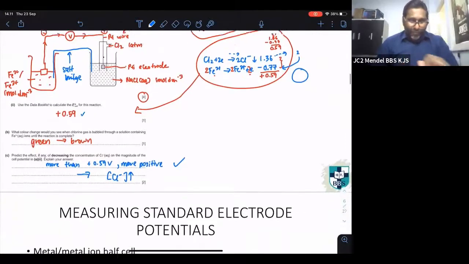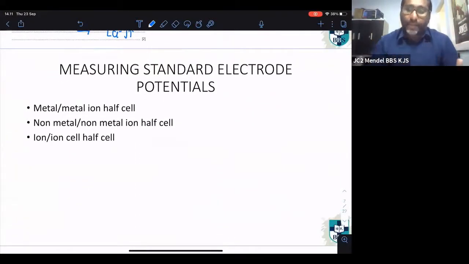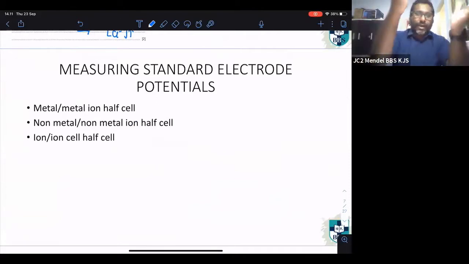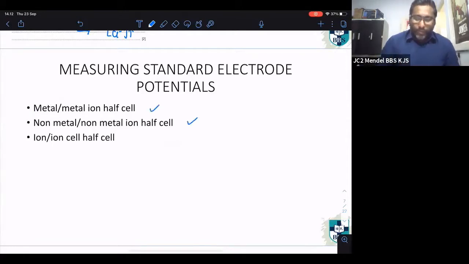So if we move on, when you look at all the examples that I've given you before the blackout just now and until now, what is very important is to draw the setup of our electrochemical cell, which is going to have a metal ion half cell, non-metal ion half cell, and ion half cell.